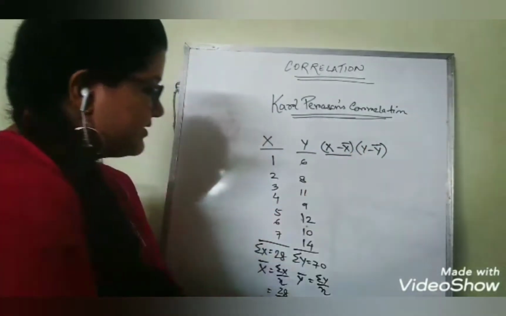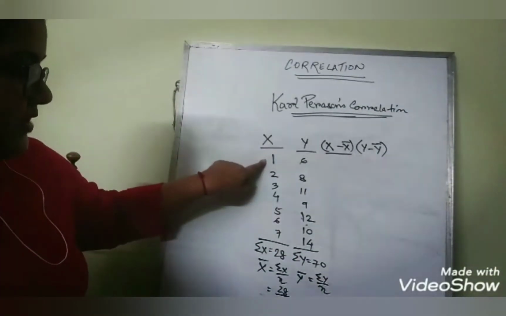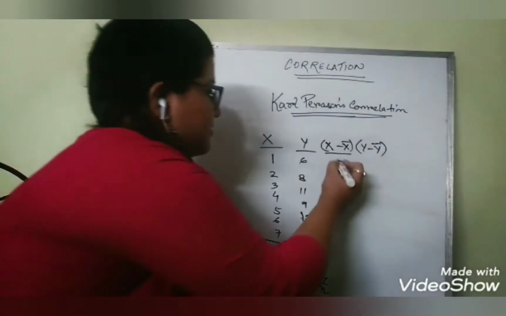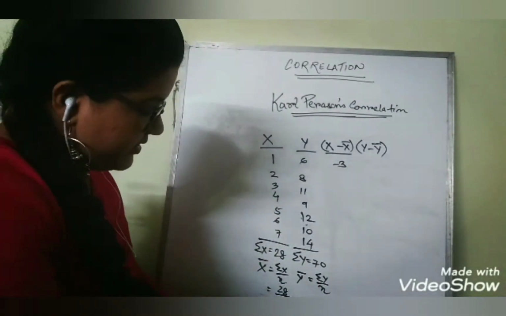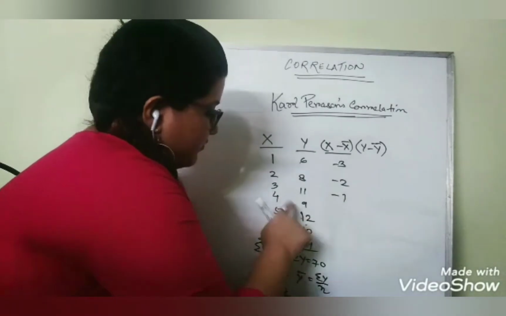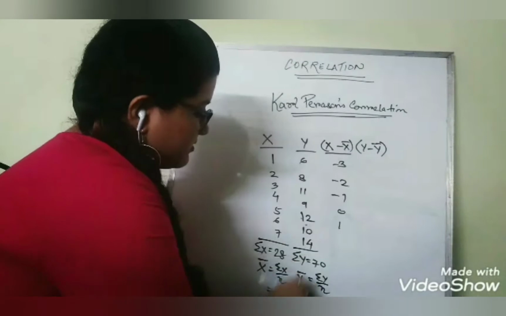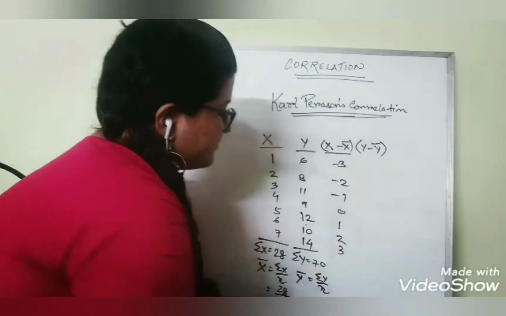So your x minus x bar is, for the first case, 1 is your x and your x bar is 4. So 1 minus 4 is minus 3. Same way, 2 minus 4 is minus 2, 3 minus 4 is minus 1, 4 minus 4 is 0, 5 minus 4 is 1, 6 minus 4 is 2, 7 minus 4 is 3.